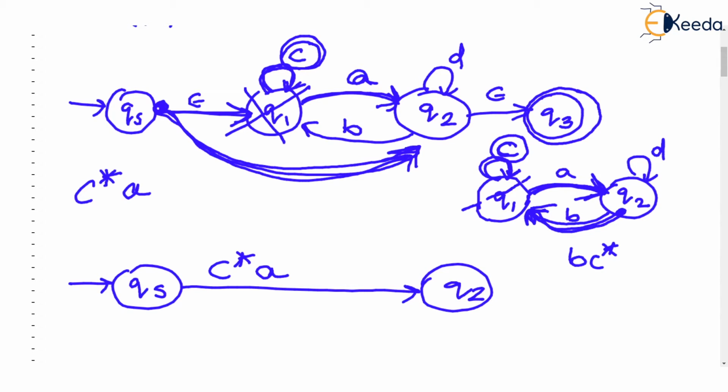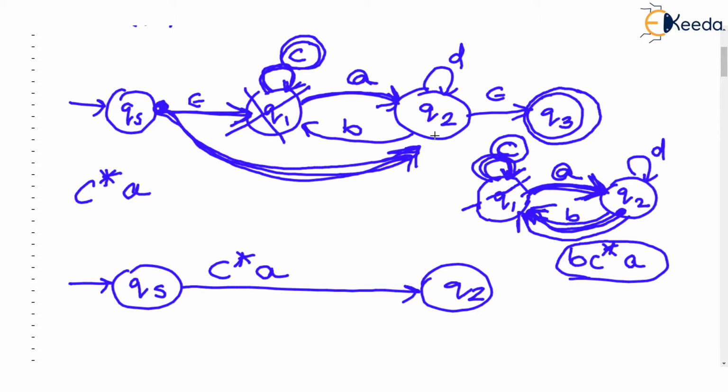This was the path we were talking about, Q2 to Q2, and that will be a single A. So first B, followed by C star, followed by A. I hope you understand. This regular expression describes the path Q2 to Q2 which goes through Q1.